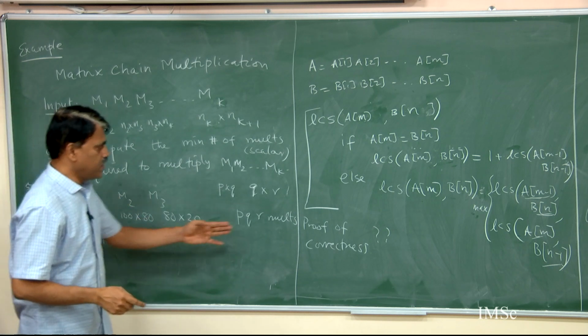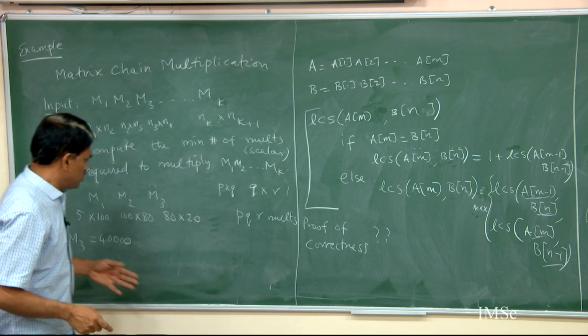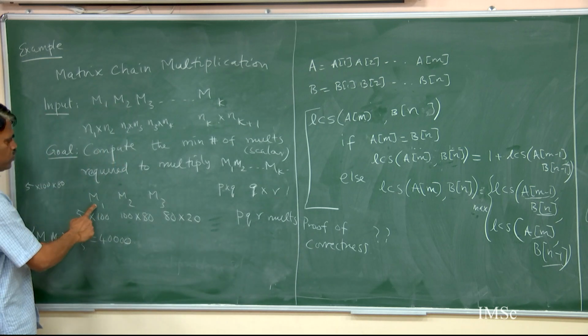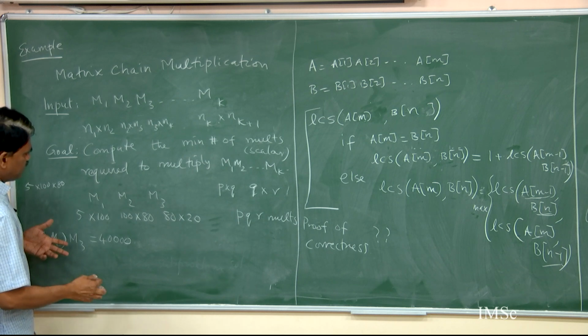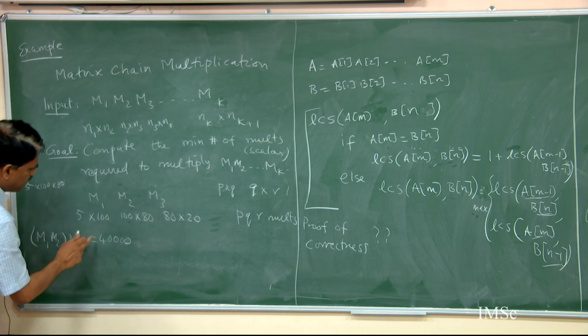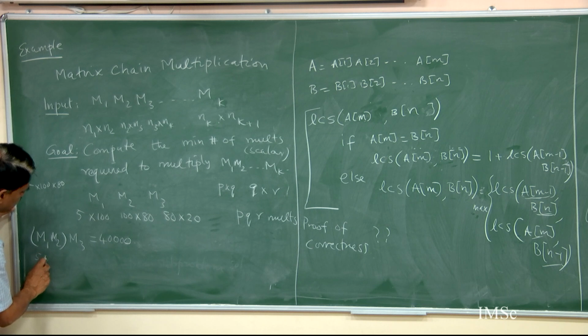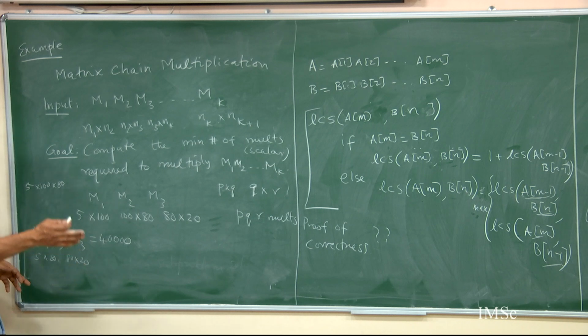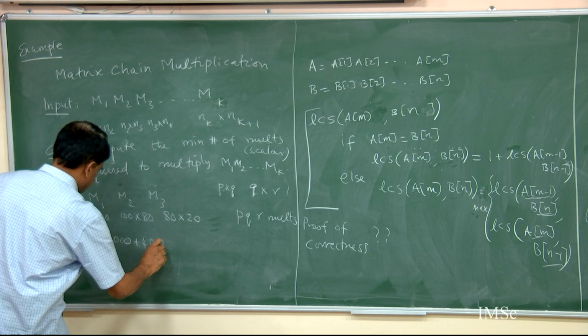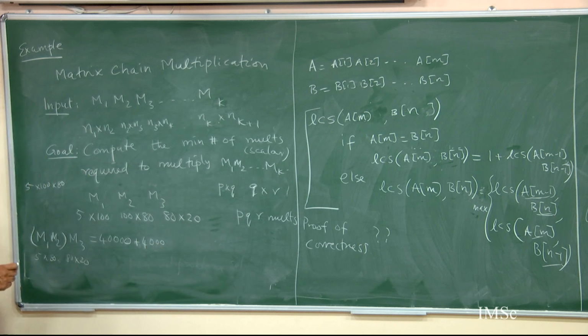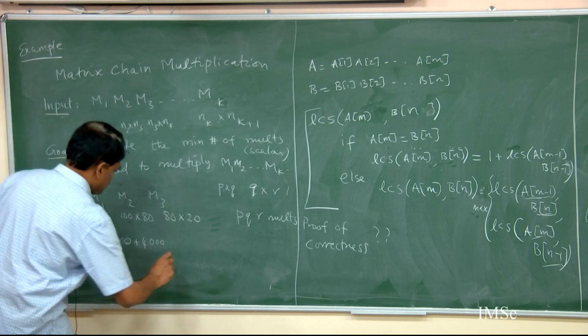So to do M1 into M2 you will do 40,000 multiplications, and then the product matrix is of dimension 5 by 80, which you are going to multiply by M3. So that is 5 into 80 into 20, which is okay. Is that good? Okay, I am going to believe you.